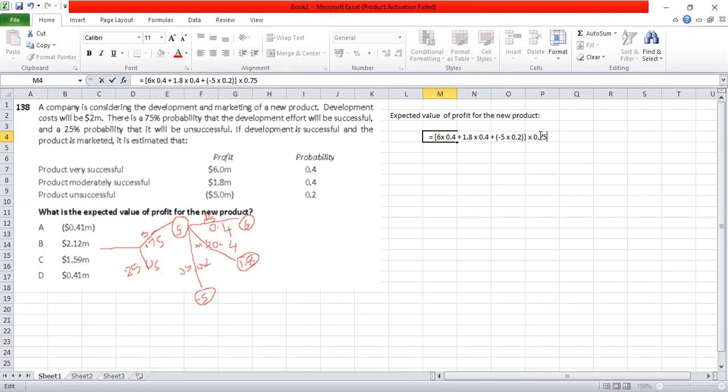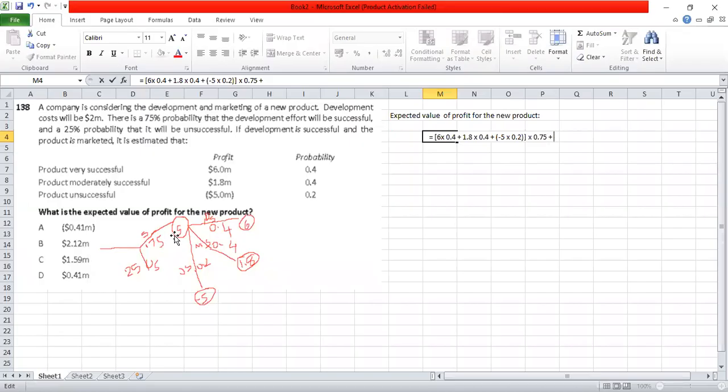But if the product is profitable, that arises only when the development effort is successful. Development effort successful is 0.75. Development effort unsuccessful is also there, that is 0.25.